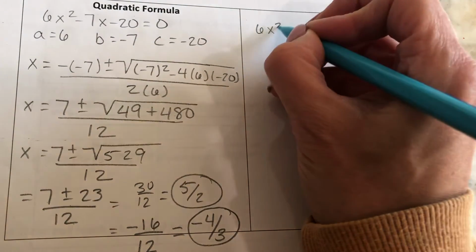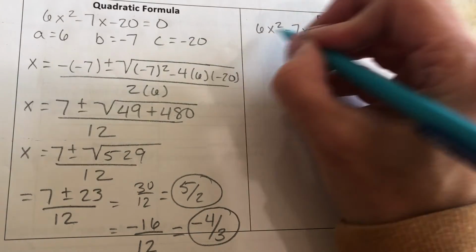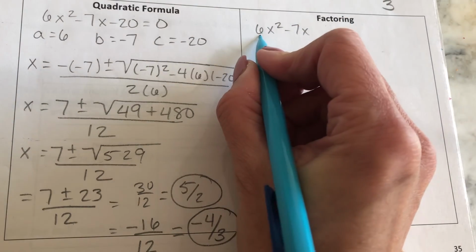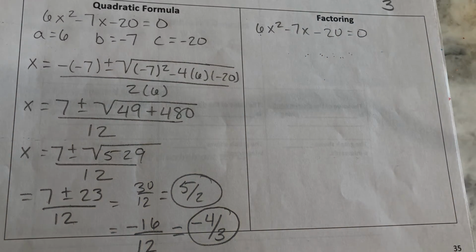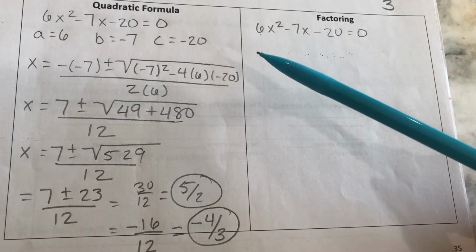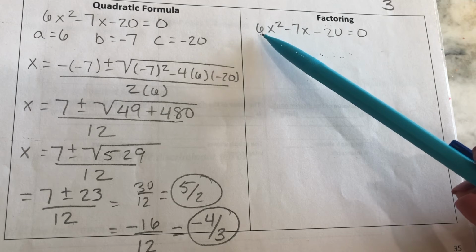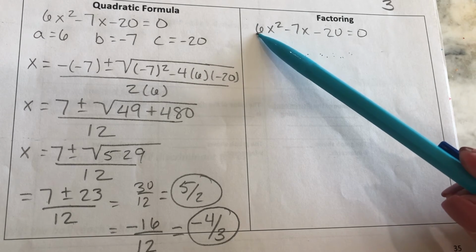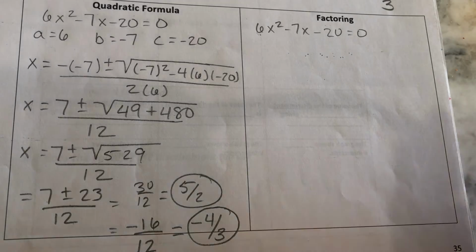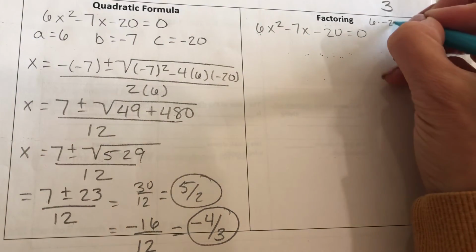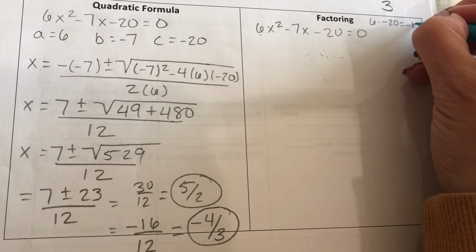So this is a trinomial, and the a term is greater than 1. So we're going to use the factor by grouping method. Go ahead and pause the video and try this on your own. All right, let's check it. To factor a trinomial when a is greater than 1, we're going to multiply 6 times negative 20, which is negative 120.